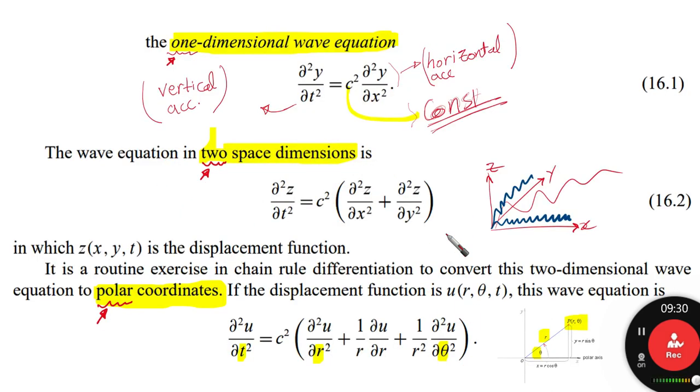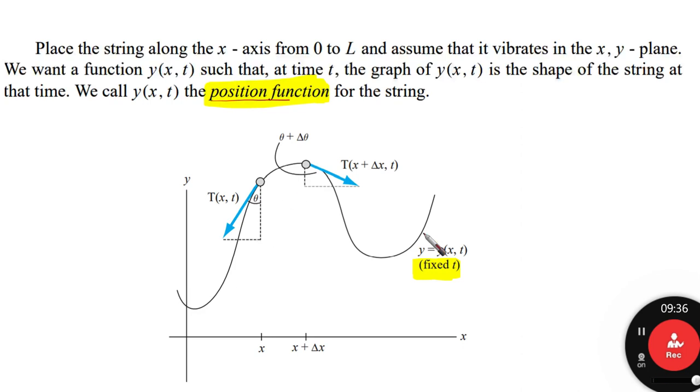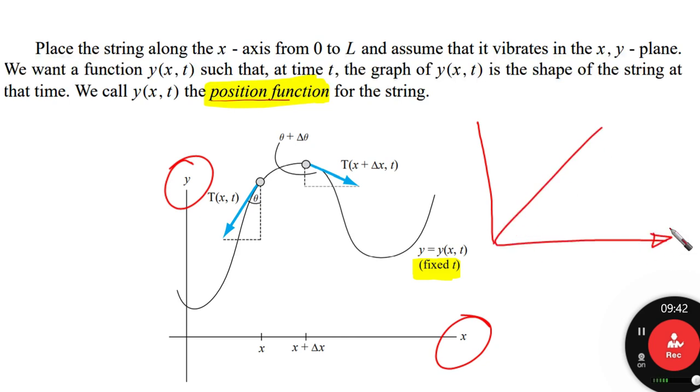We found this for the one-dimensional wave equation. One dimension means that, if we go back here, we are only talking about the xy plane. But sometimes we have two dimensions, something like this, for example. We have xy in the plane and we have z here.